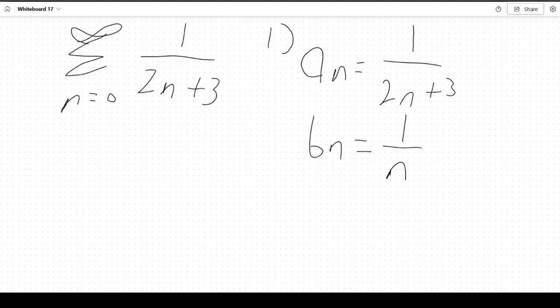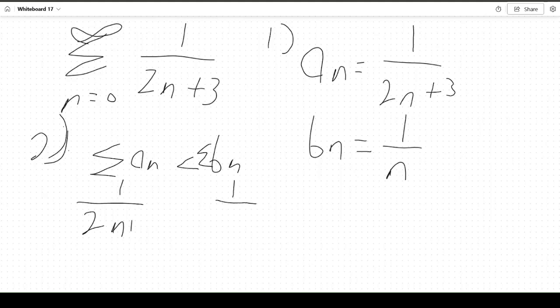The BN is supposed to be greater than the AN, because when we do our comparison, the AN is supposed to be less than the BN. We put only one in the denominator for BN because if the denominator for AN is bigger, then the whole thing will be less.